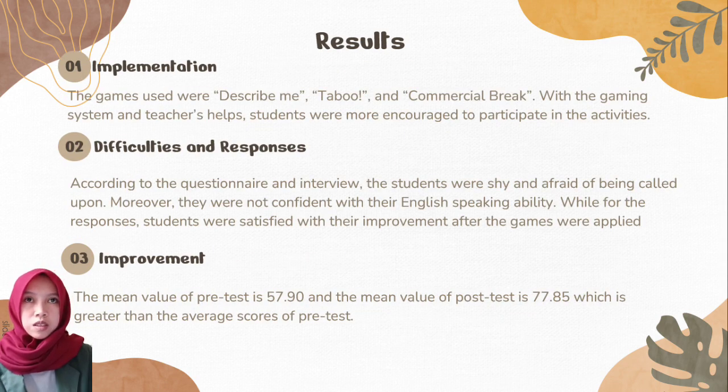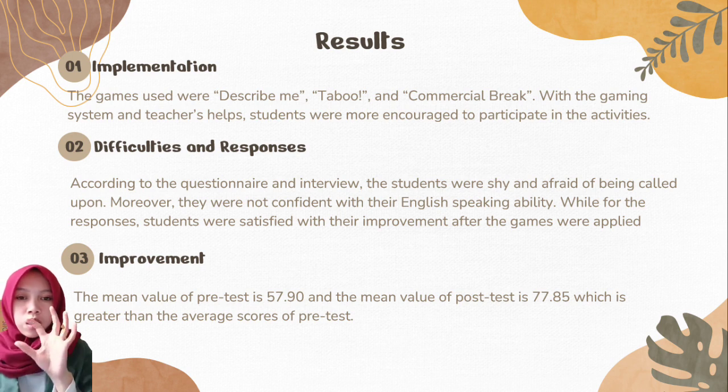And for the results, to answer the research questions, the first one is implementation. The games used were Describe Me, in which the students describe objects which are shown in front of the class. And then Taboo. The Taboo is using taboo cards, which consist of one word and the vocabularies to help students describe the word.